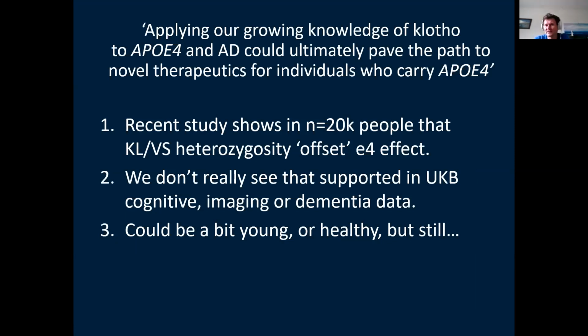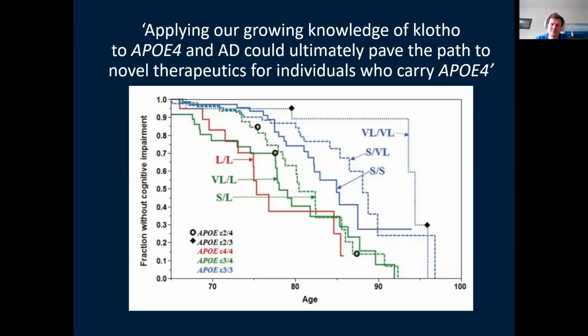A slightly more negative and cynical view, however, would be this. This figure shows ApoE status stratified by TOM40 poly-T repeat status. This is a poly-T repeat in the TOM40 gene, and it shows really striking results.